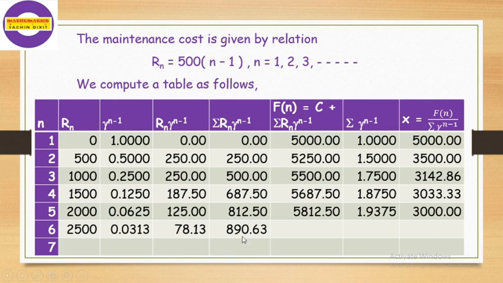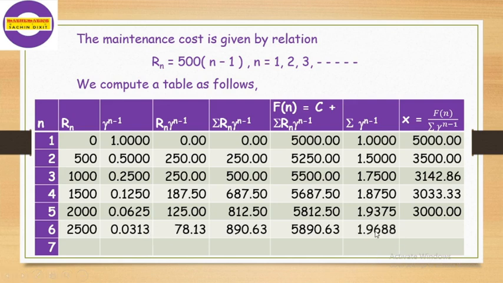Now we add 5000, that is the cost of the machine. We get a total of 5890.63. That will be the total cost for the sixth year. Then to find this summation gamma raised to n minus 1, here it is 0.0313. We add it to 1.9375.